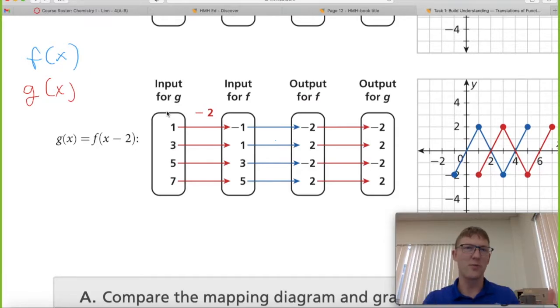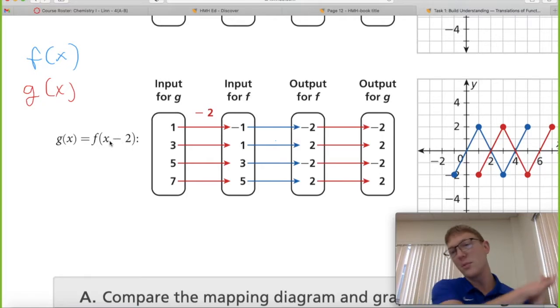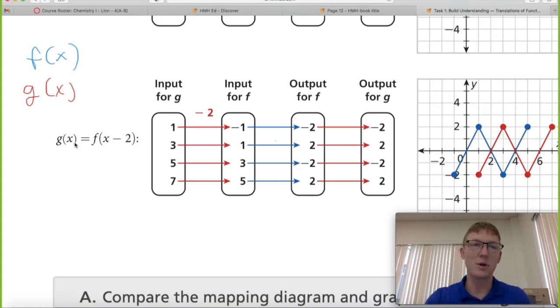Again, I've mentioned this before, I kind of view functions as like computer programs. You take a bunch of numbers, shove them into a function, and then it poops out a result. Well, in this case, you take a bunch of numbers, you change those numbers first, and then you put them in the function, and then it poops out a result. And that's what g of x is. And it's for that reason that it moves horizontally.